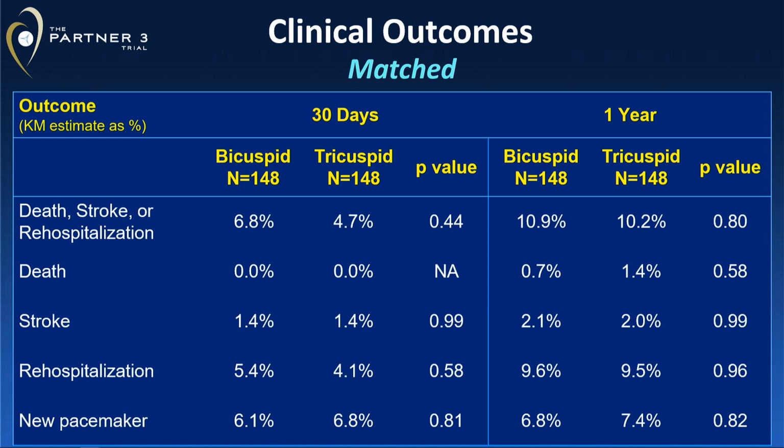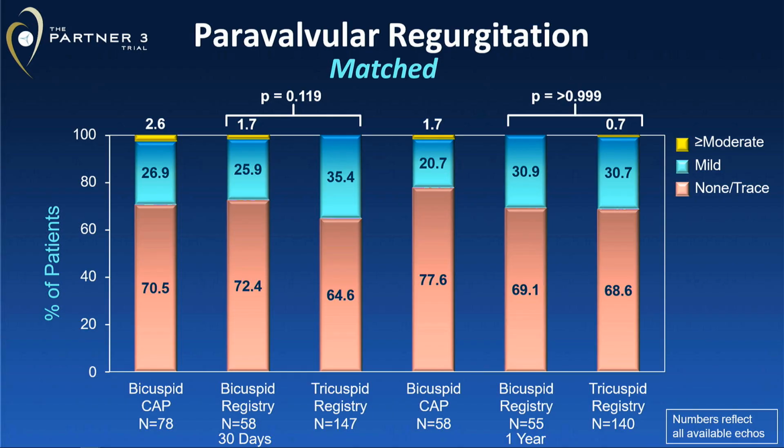Death, stroke, and rehospitalization was 6.8%, with death 0, stroke 1.4, rehospitalization 5.4, and new pacemaker 6%. So in this particular group, there was no difference between the two. Paravalvular regurgitation is a little bit higher, as you can see here. Mild paravalvular regurgitation is 25% of the patients, and that is typically true for all the TAVR trials.